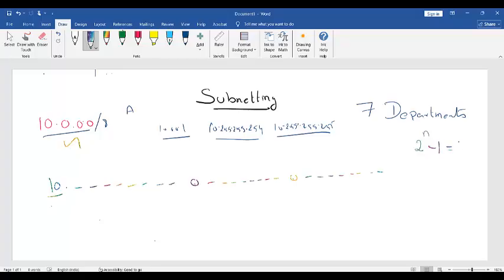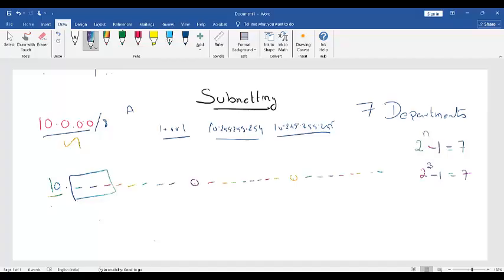This should give you 7. So what should be the n? If I give 2 to the power of 3, meaning 3 bits, where n is the number of bits I give, that is 8 minus 1, 7.